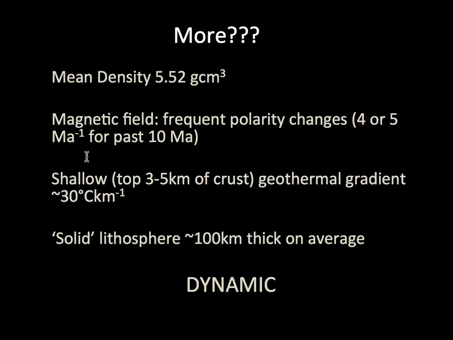If this was oceanic crust near a mid-ocean ridge, the geothermal gradient would be considerably higher than that, because you would have to get down to a temperature of about 1200 degrees C within that 5 kilometres. So you can imagine the geothermal gradient would be huge.